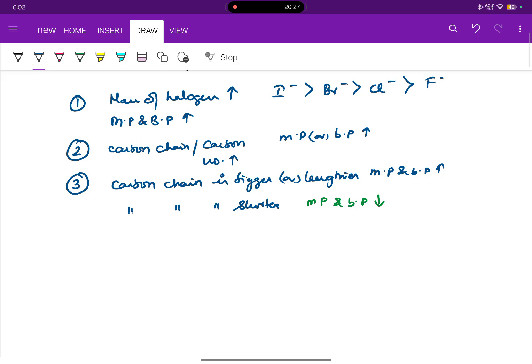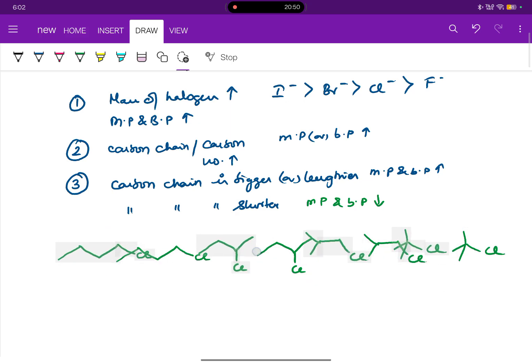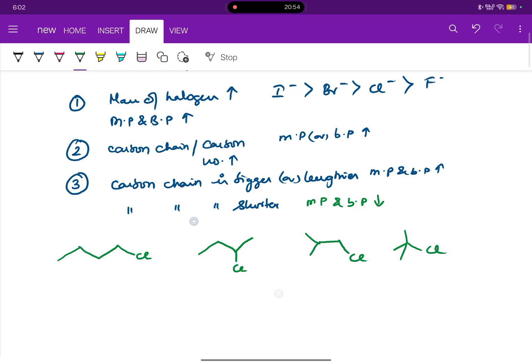For example, you take this: n-butyl chloride. This is secondary butyl chloride. This is isobutyl chloride. This is tertiary butyl chloride. If you check, all of them will have the same mass. Not only mass, their molecular formula is also the same, right?